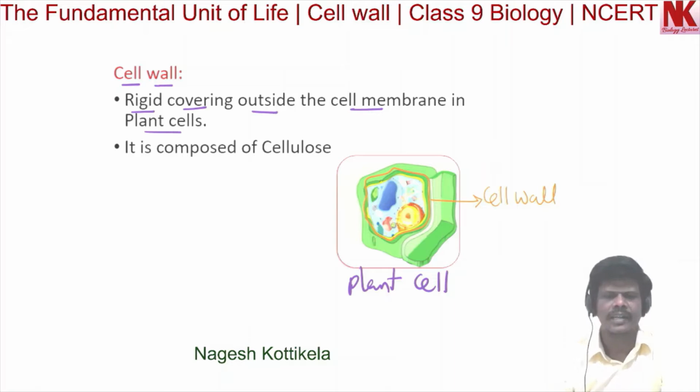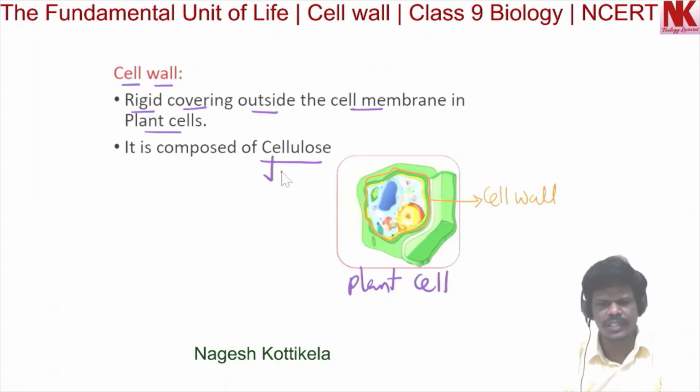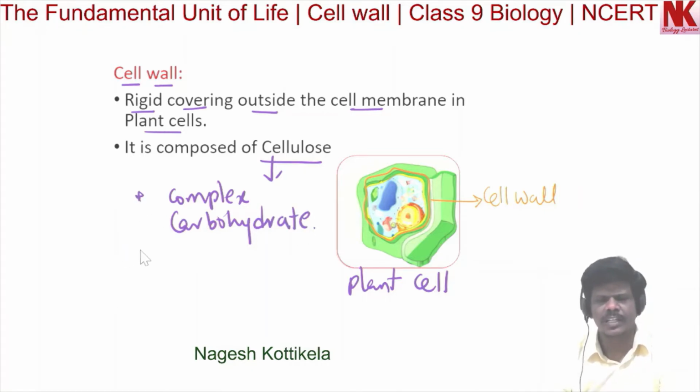and this cell wall is composed of cellulose. Cellulose is a complex carbohydrate. It provides structural strength to plants.